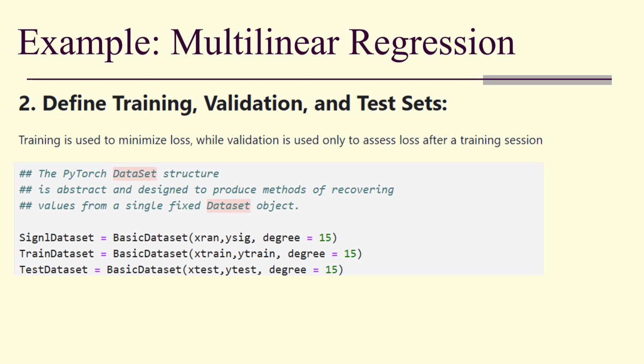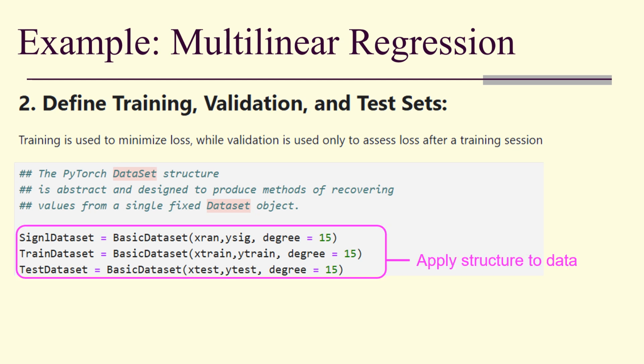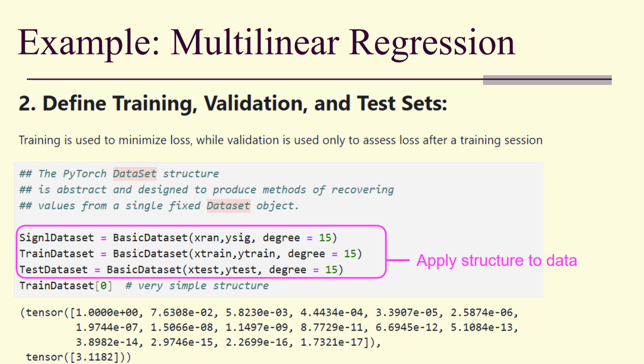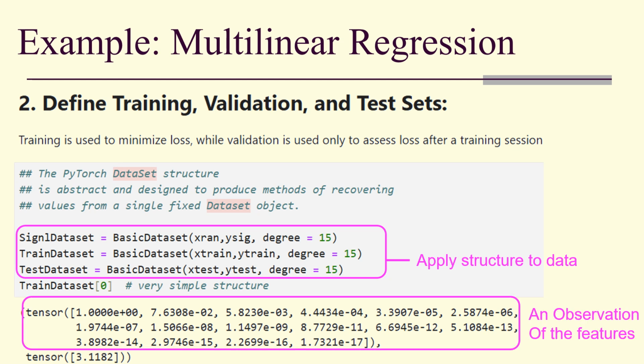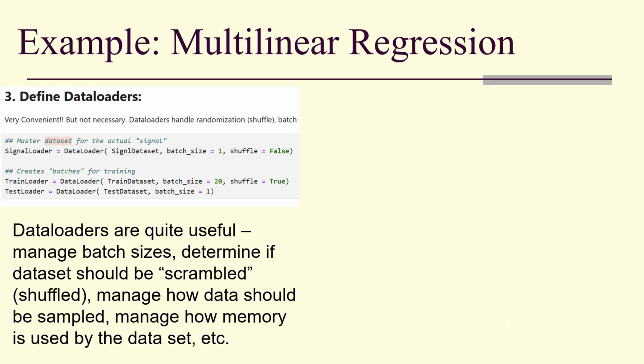Now this data set structure doesn't redefine the data, it simply defines how the data is going to be transformed into our tensor representation for our machine learning model. So it applies a structure to the data. And it turns out to be a pretty simple structure, but it's tensors. So we have an observation of the features and then a target value.